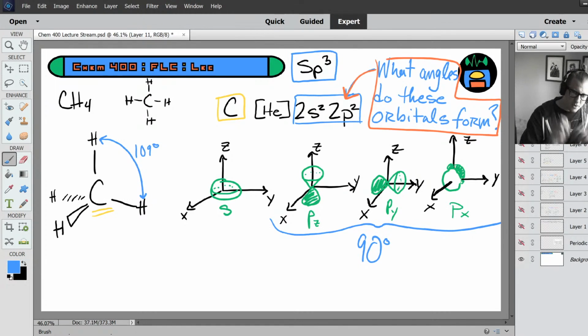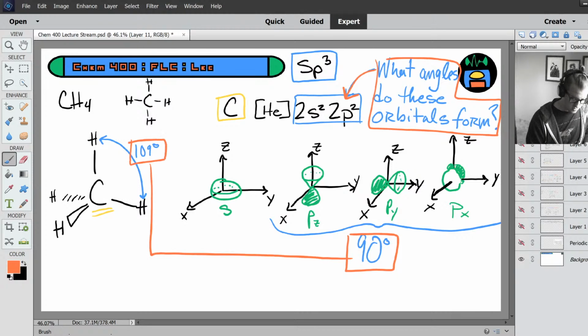But let's put a finer point on it. What orbitals are they in? Because they can't be in pz, py, or px, because those orbitals are 90 degrees from each other, and we have bond angles of 109. That is the trouble here.